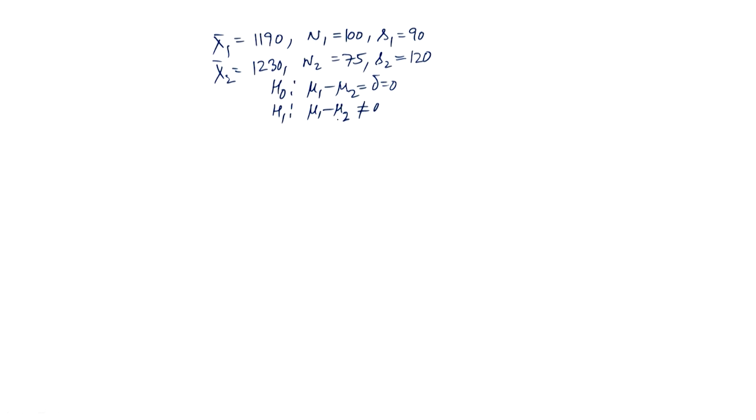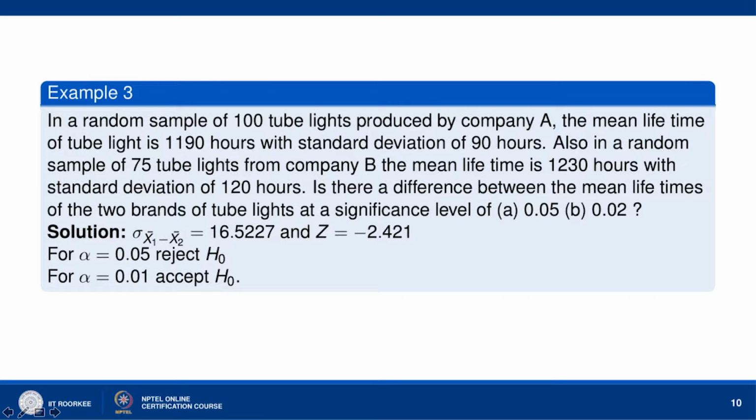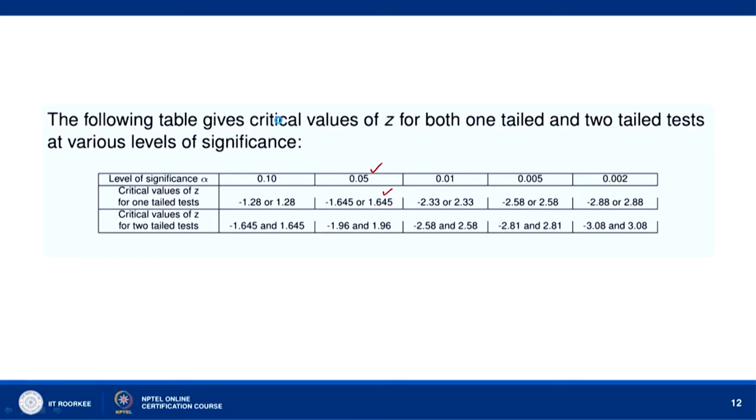Okay. So, let us now take alpha equal to 0.05. Let us find the critical values of Z. Now, we are to apply two-tail test.